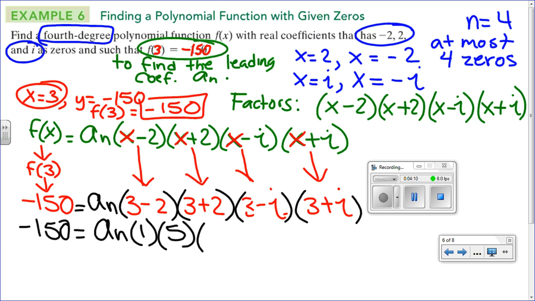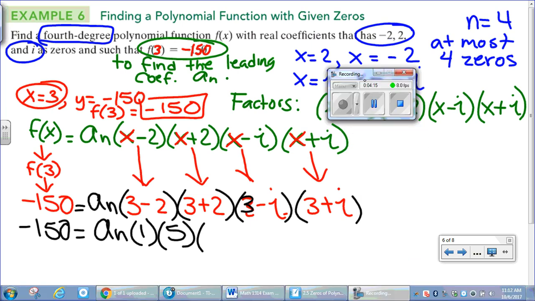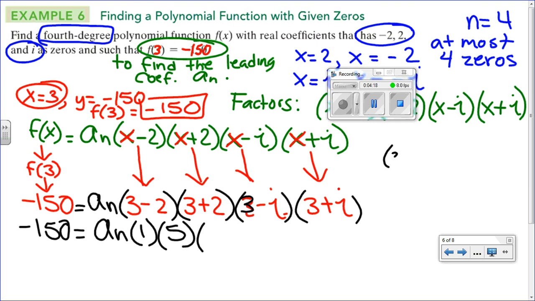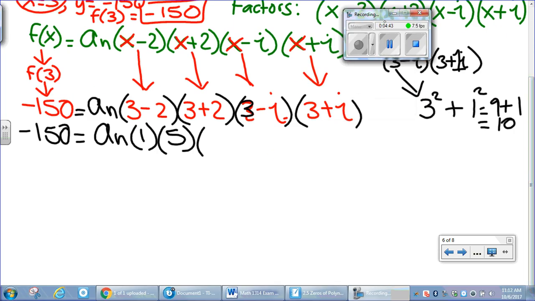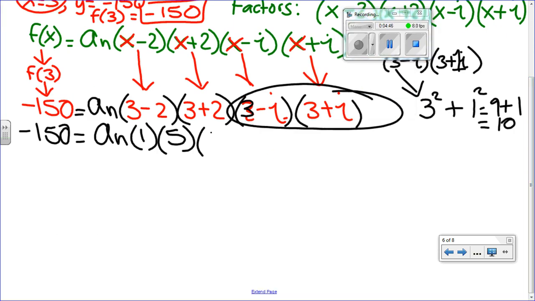And for the two factors that are complex conjugates, when we multiply 3 minus i times 3 plus i, there is a shortcut: we take the real part and square it, and we can do that because they're complex conjugates, and then we take the coefficient of the i, which is a 1, and square it. That turns into 9 plus 1, which is equal to 10. So the number that we get from multiplying these two is 10.